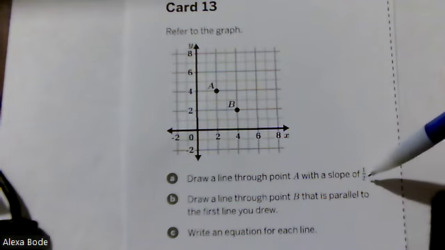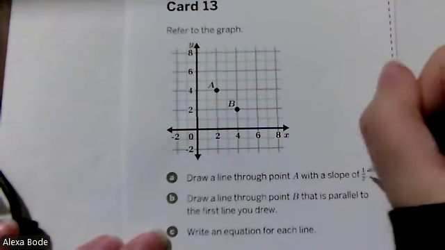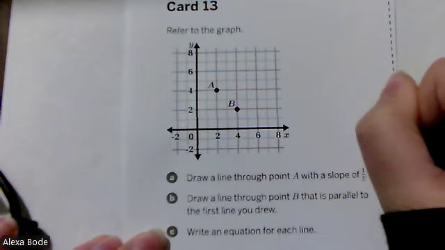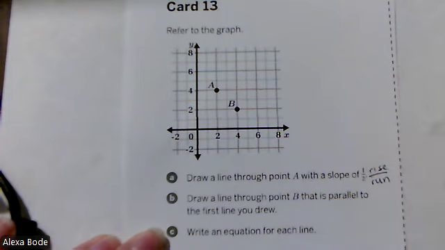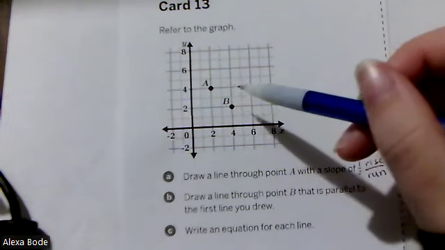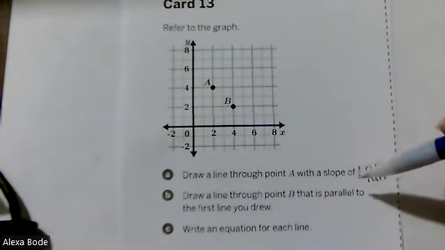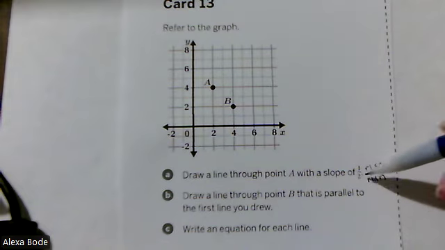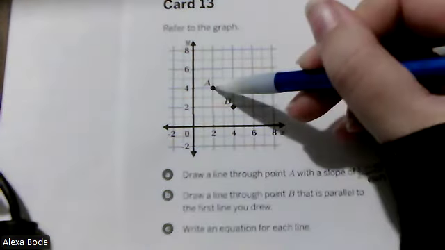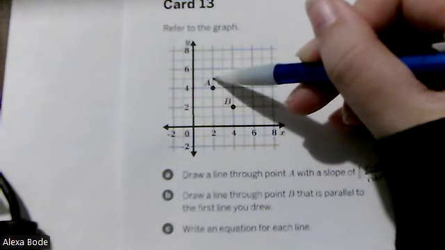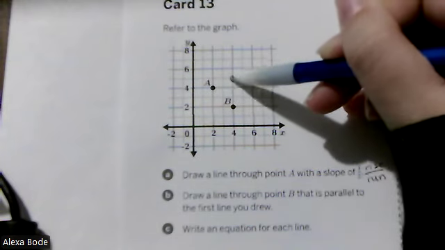So we know slope is rise over run. So all we're really doing is from point A, rising 1 and then running over 2. So if this is 1/2, 1 is my rise, 2 is my run, I'm going to start at point A and I'm going to go up 1 and over 2.